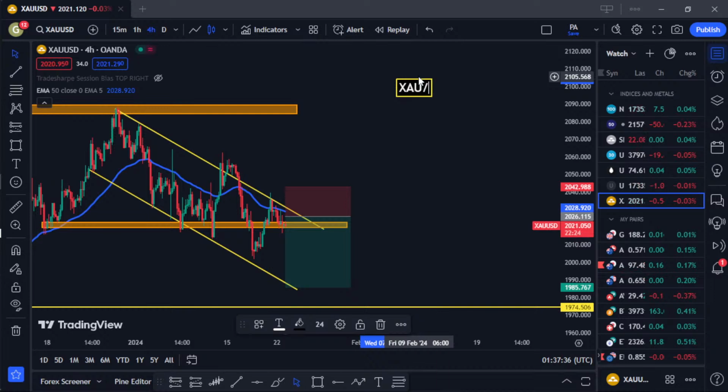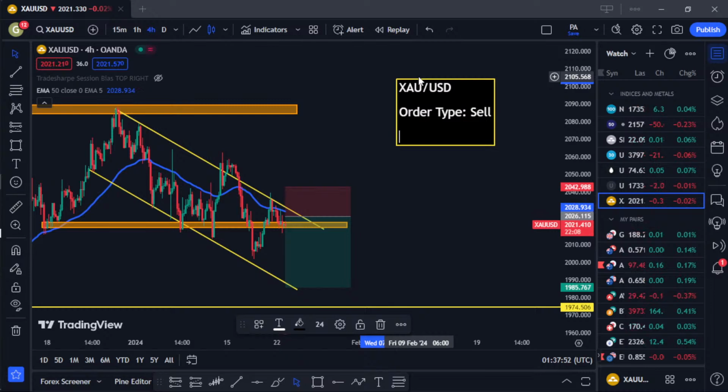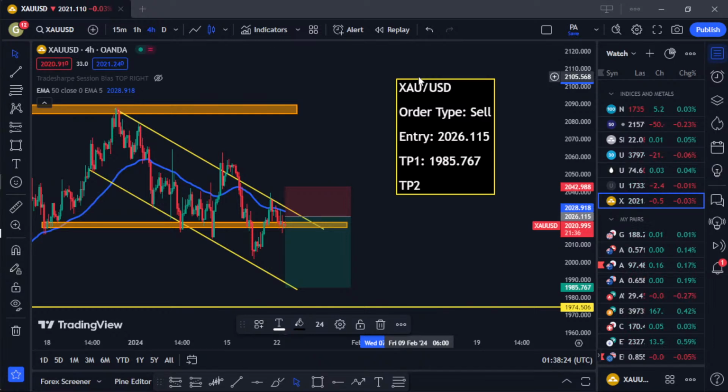So XAUUSD, order type, sell. So entry at 2026.115, and then TP1, take profit 1 at 1985.767, and then TP2 at 1974.506.